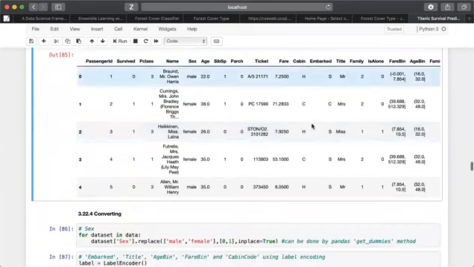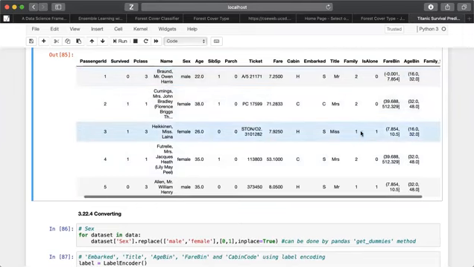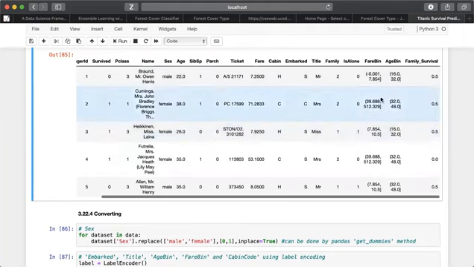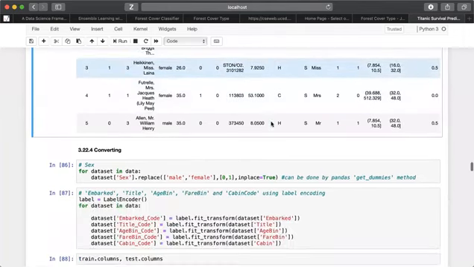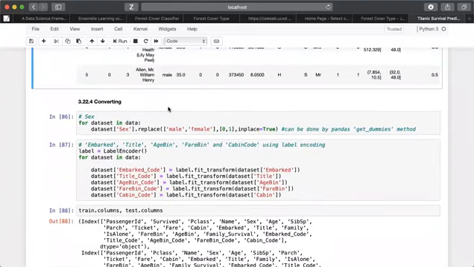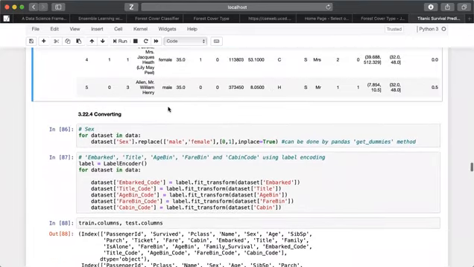Here, if you see, the cabin we have filled with the H value, and title we have got for all the 5 things. For family there are numbers, is alone is either 0 or 1, then fare bin, age bin, family survival. Now the last step is converting.